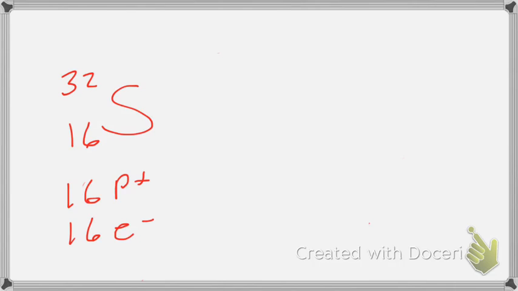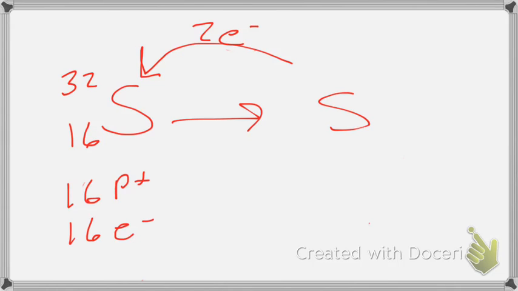But sulfur has the ability to gain 2 electrons. It can pick up 2 electrons, so that creates a sulfur ion with a 2 negative charge.